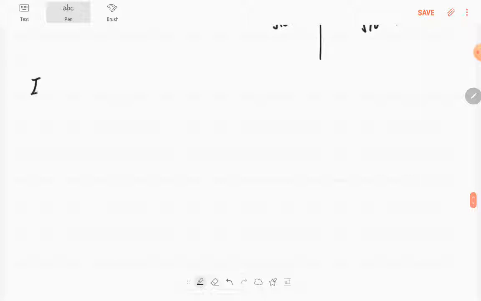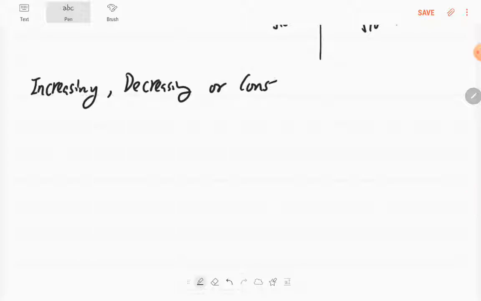And we also are interested in the increasing, decreasing, or constant functions. We can identify these properties from the graph, okay? Let's look at the definition.